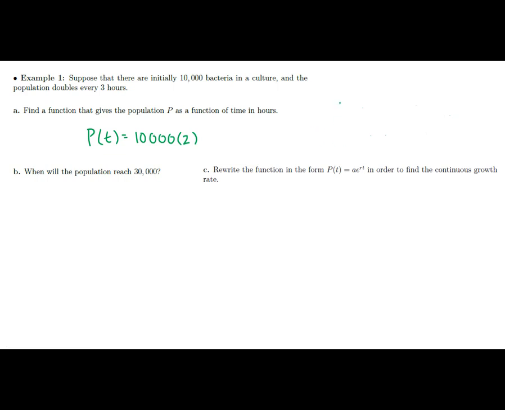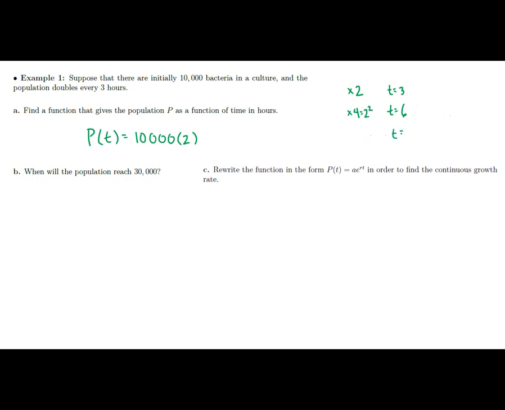If you think about it, we want to times by 2 when t is equal to 3. After another 3 hours, when t equals 6, we want to times by 2 again. So in other words, we want to times by 4, or 2 to the second power.